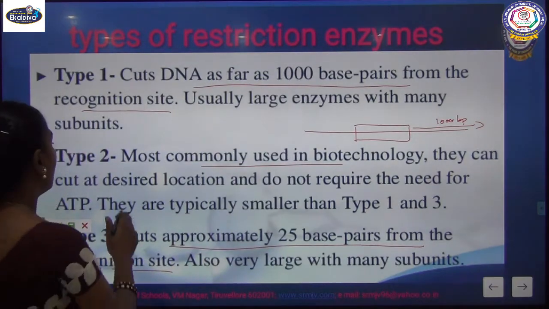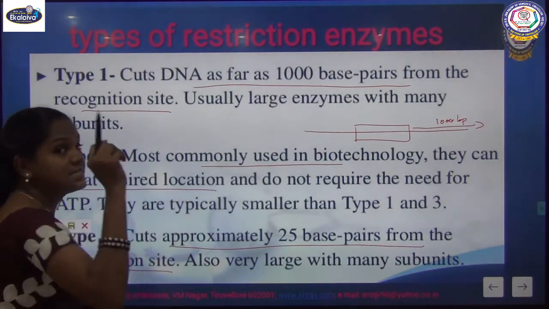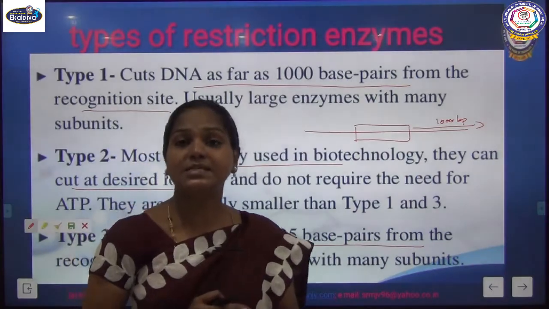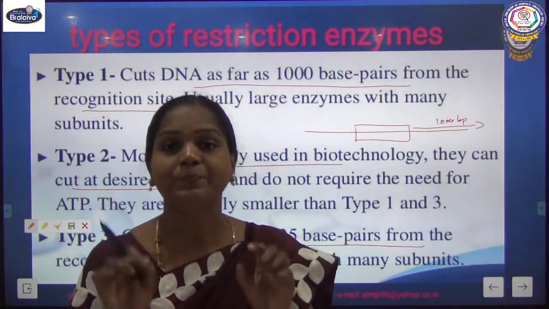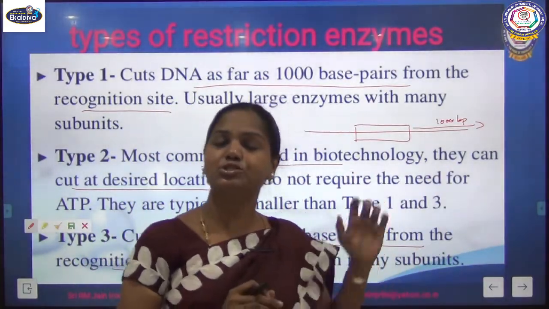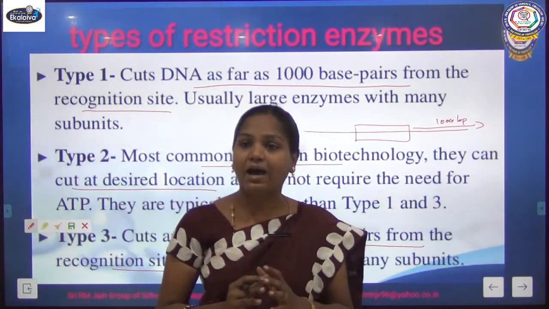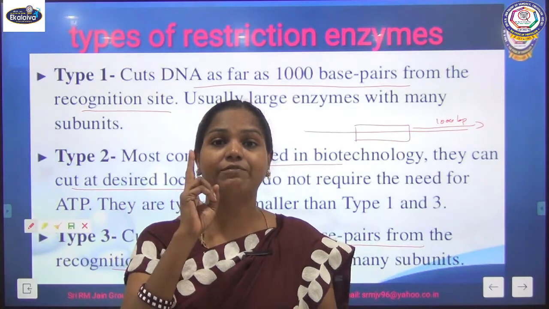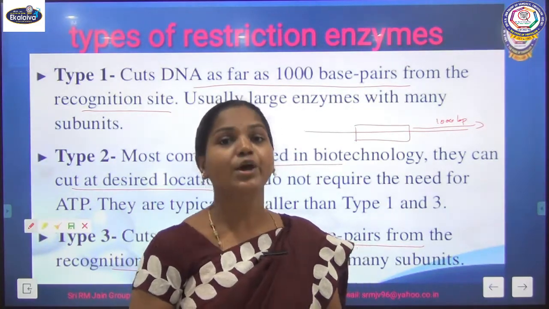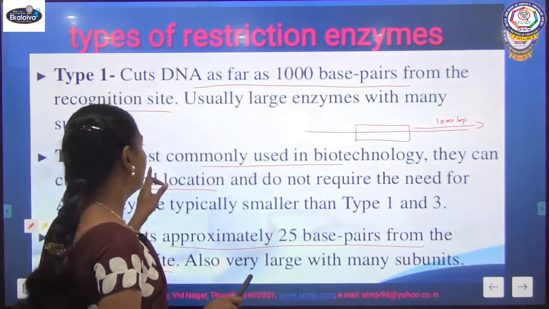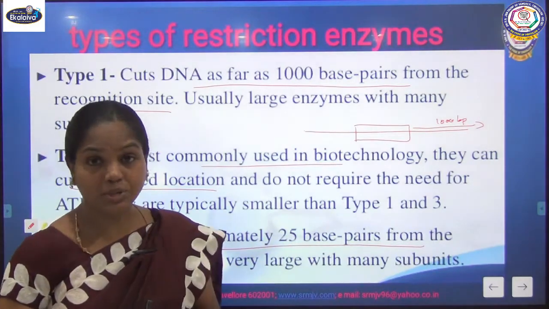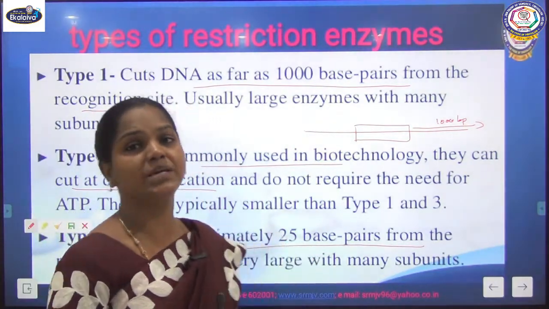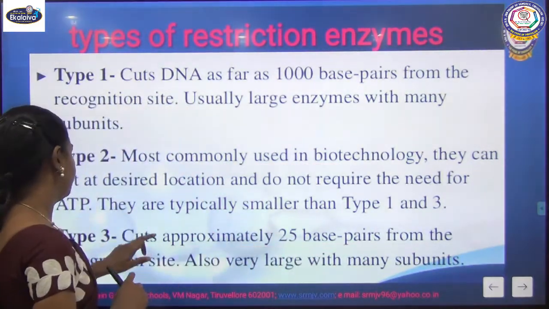They cut at the desired location. Each and every restriction enzyme, I will show you afterwards, has its own recognition sequence, and in that particular sequence they make the cut. That is the speciality of type 2 restriction enzymes, so they are widely used in the field of rDNA technology.